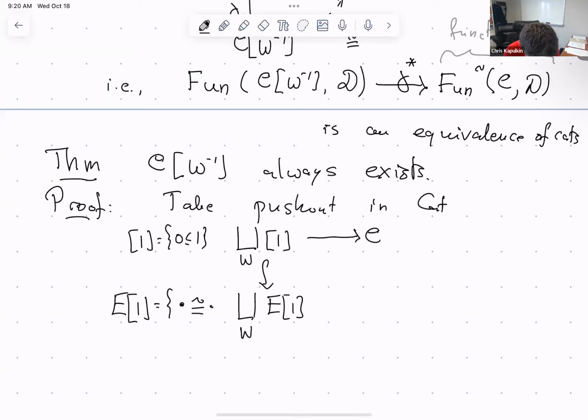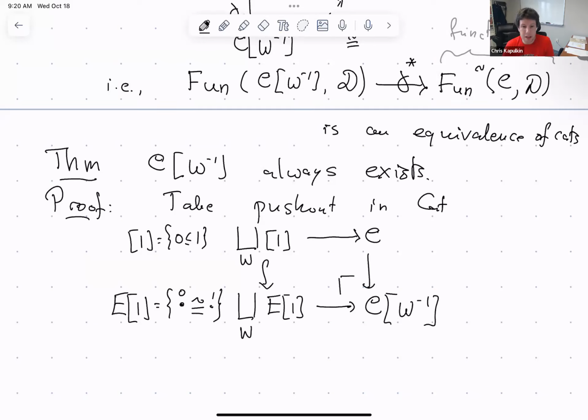So it now has two objects. Maybe we can still call them 0 and 1, but now there's an isomorphism between them, so there are maps going both ways. And we take this push out, and this push out just glues in all the inverses to everything. And we're done. This exists.